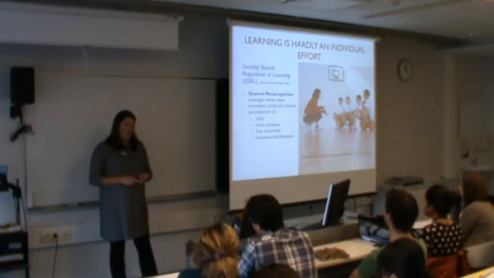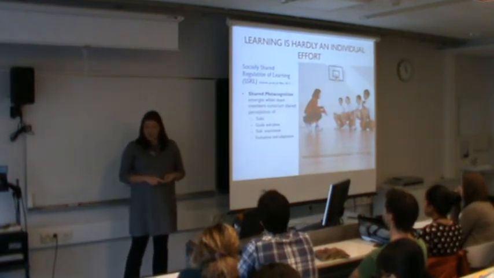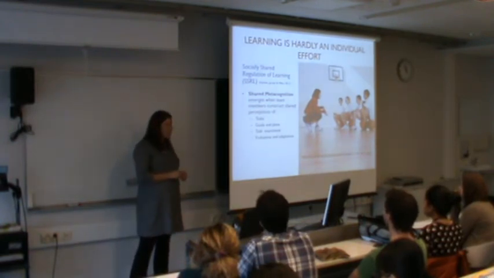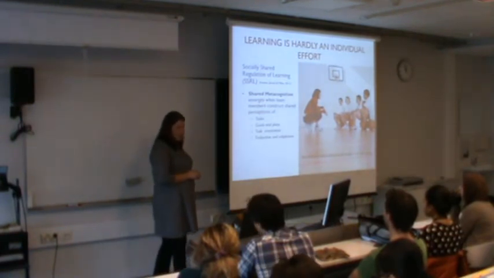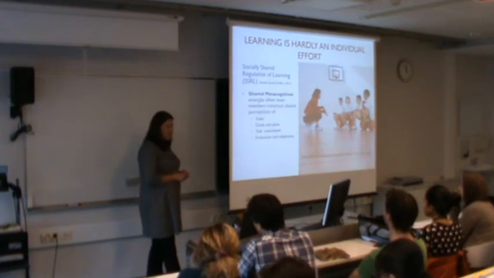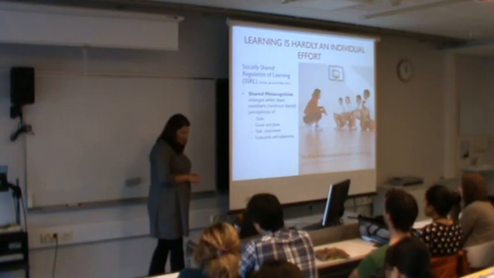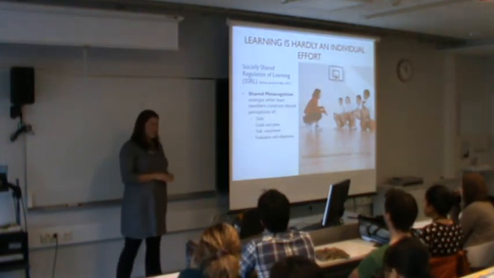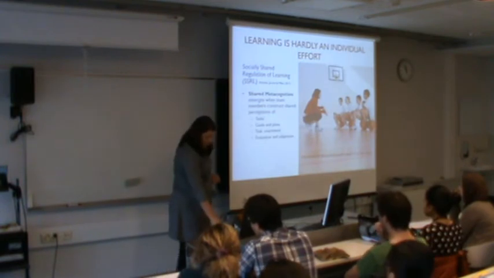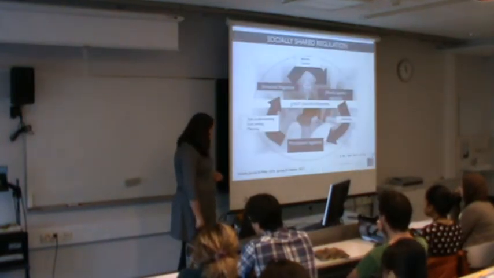When collaborating groups engage in socially shared regulation of learning, it's possible for them, at least to some extent, to negotiate shared task understanding, shared goals, and shared strategies, but also to evaluate together what went wrong and what didn't go so wrong in their collaboration.